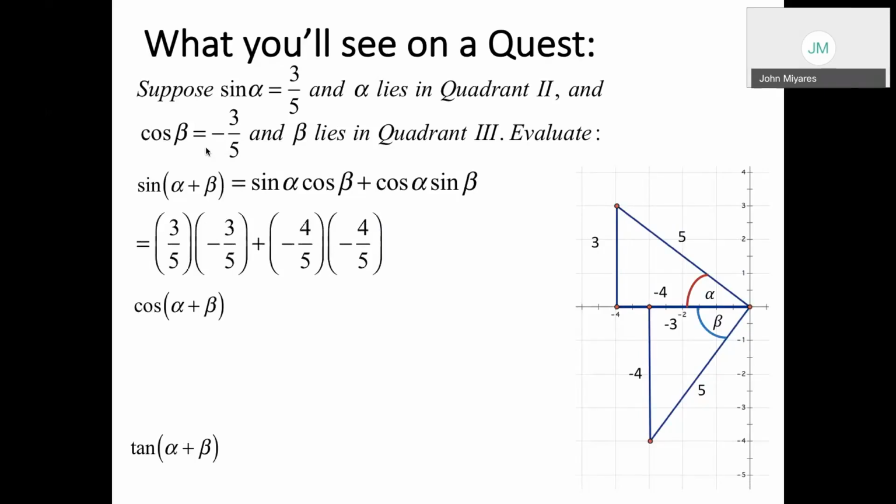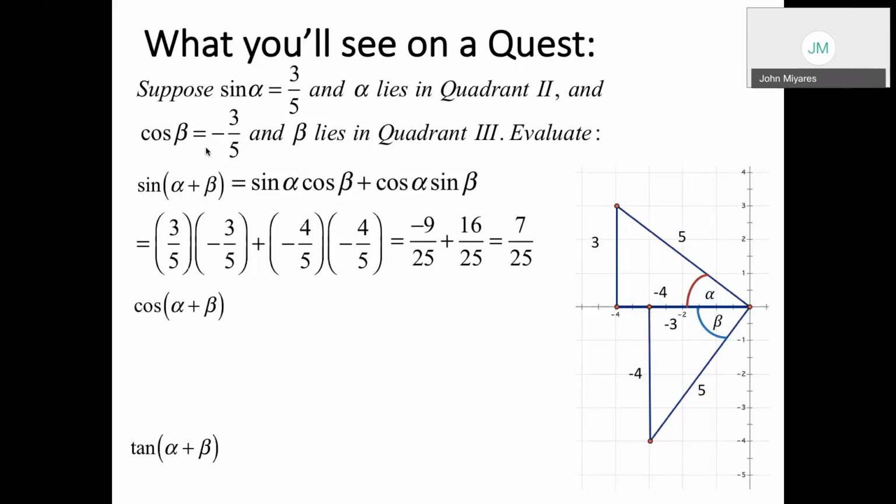Again, both of those values were actually given to us in the original part of the problem, plus the cosine of alpha, which is -4/5, times the sine of beta, which is also -4/5. Multiplying out these fractions will give us -9/25 plus 16/25, which when combined becomes 7/25.